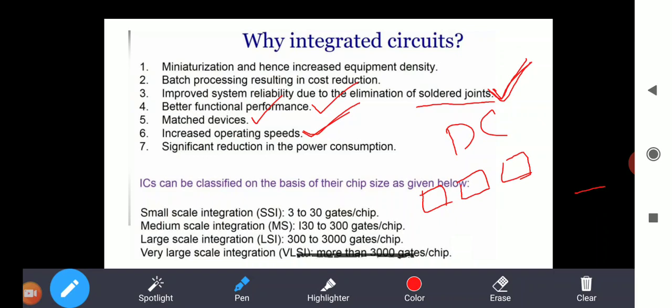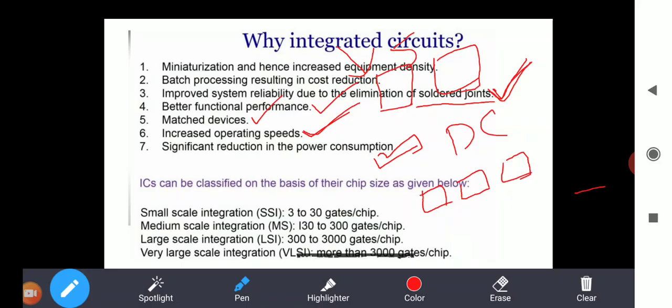Next, significant reduction in power consumption. Because of smaller sizes, the device also uses less power. That gives very low power consumption using this IC technology. Suppose you want to turn on a system: it will turn on in 5 seconds.